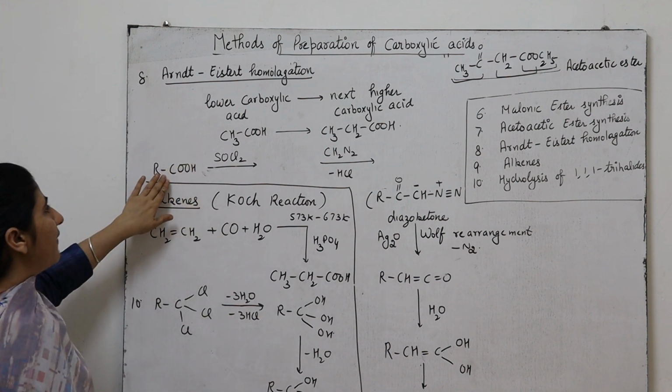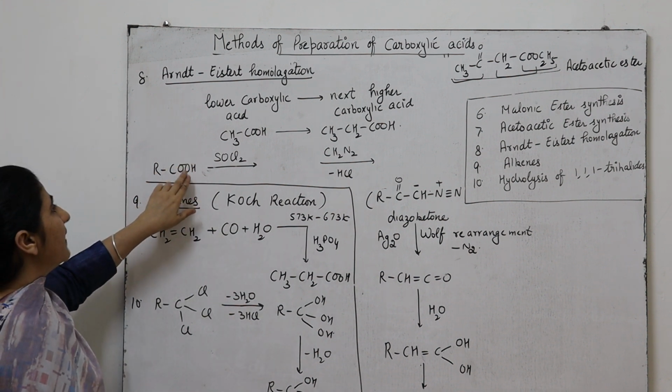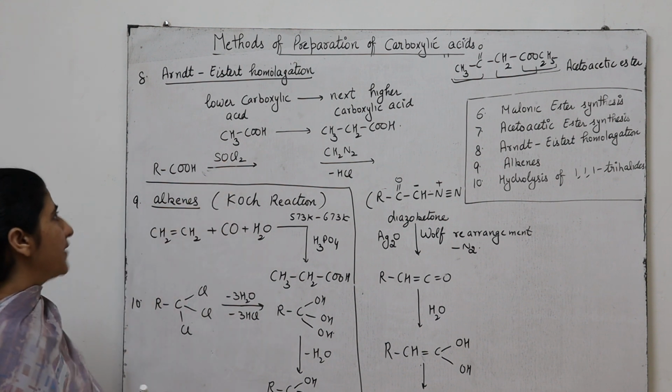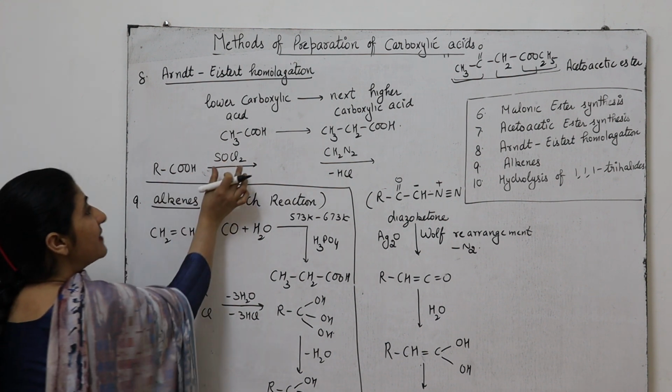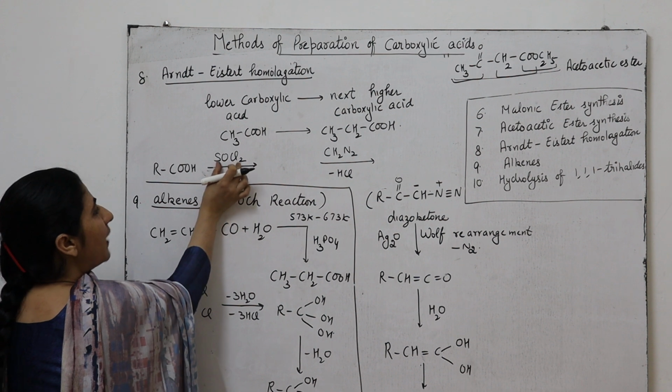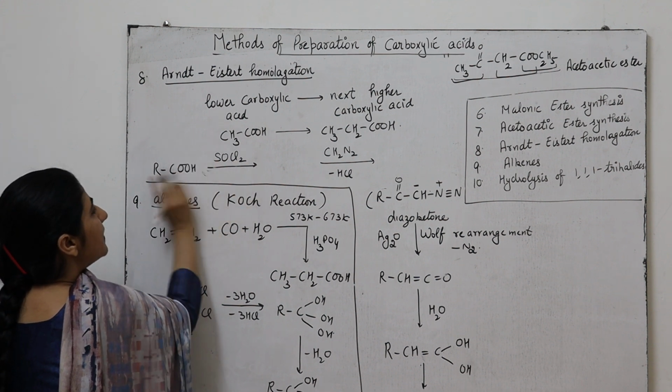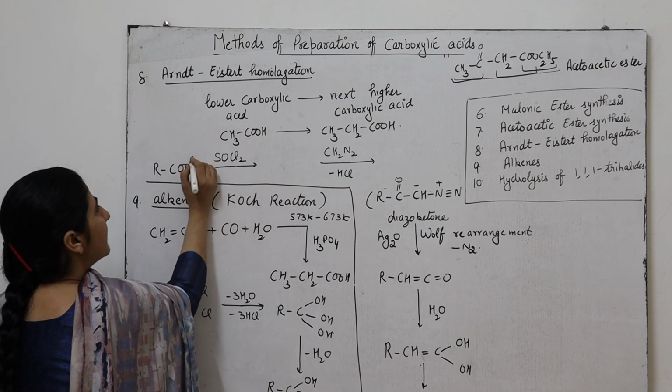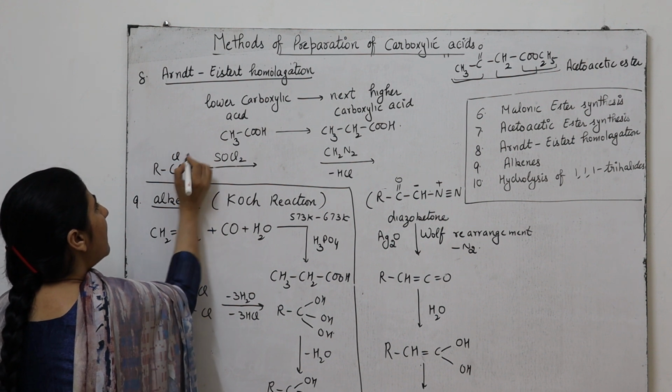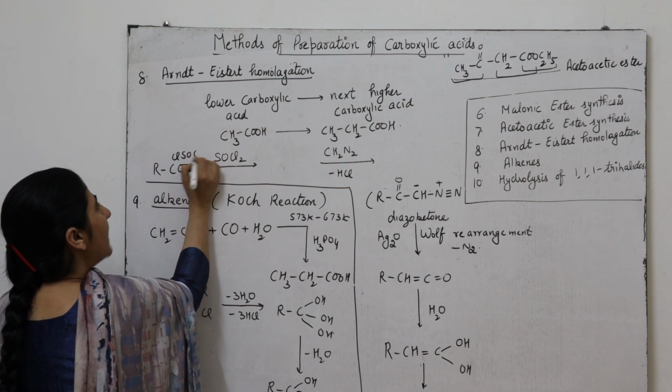In this case, we have a starting carboxylic acid that reacts with thionyl chloride. When the carboxylic acid reacts with thionyl chloride, there is a decomposition of thionyl chloride in this manner. This is Cl, this is SO and Cl.